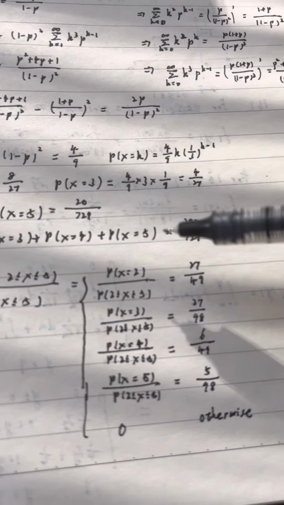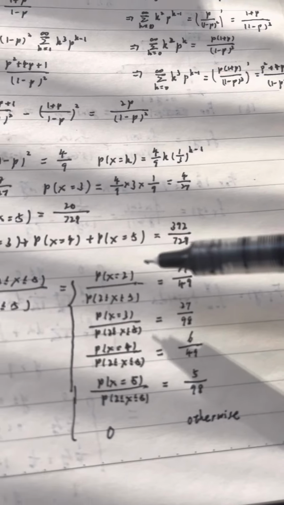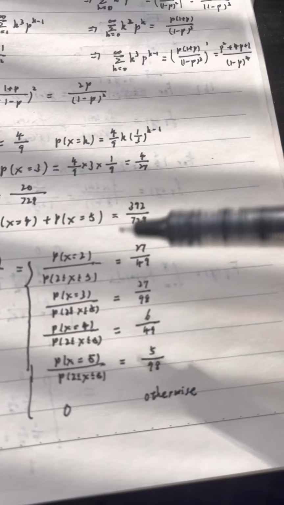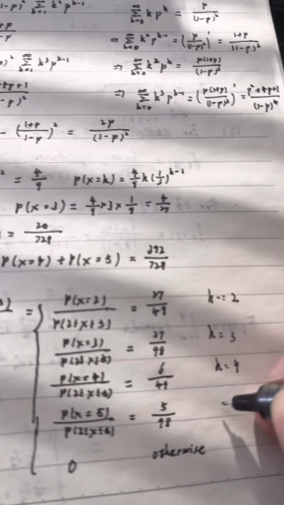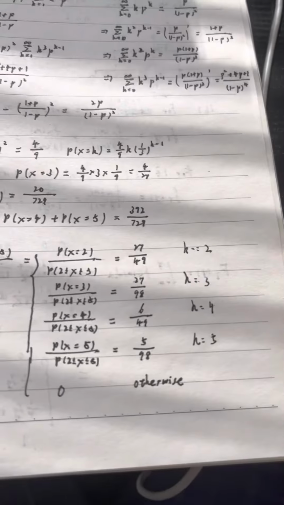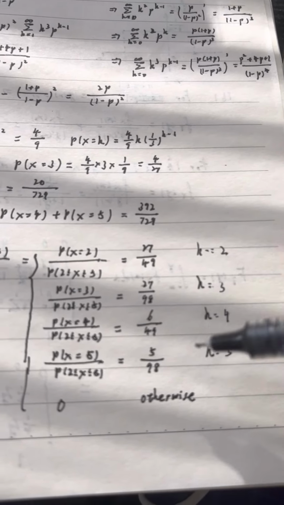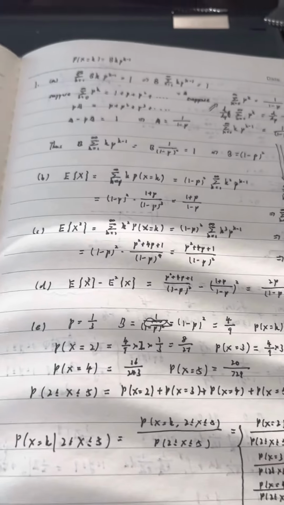It is P(X equals 2) divided by the probability of the condition, and likewise for X equals 3, 4, and 5. So this is the case k equals 2, this is k equals 3, this is k equals 4, and k equals 5. So we have values for these four cases, and we have 0 when k equals other numbers. So that's all for question 1.